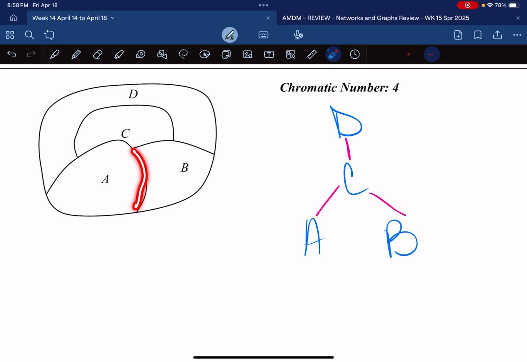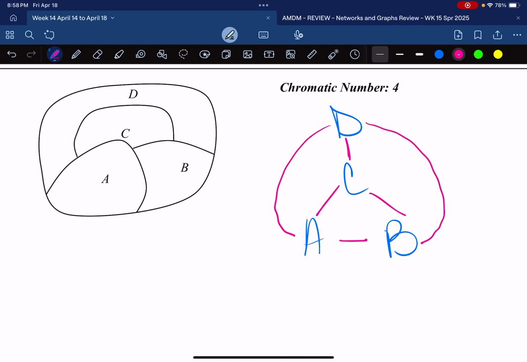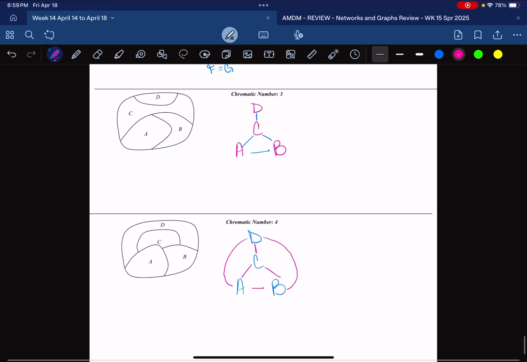Here, A shares a side with B. But you look here, D shares a side with B, and D shares a side with A. So we're going to circle that around here, circle that around here. And now we can see that C touches everybody, and D touches everybody. That's how we'll make these graphs.